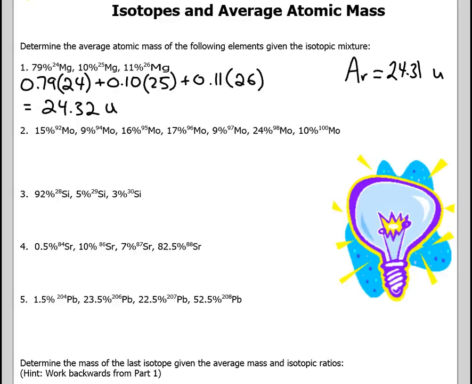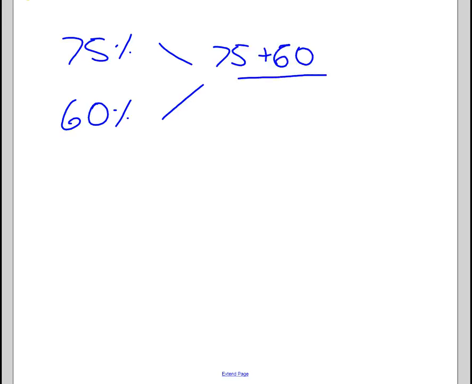If you're struggling at this point to figure out how these terms all give the average value, consider something simple like two test scores where they're both equally weighted. So you have, say, a test score of 75% and a test score of 60%. And if I said, what's your average? You would obviously take 75, add 60 and divide by 2.